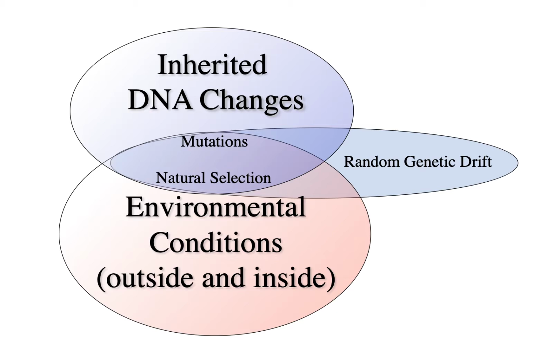So you can have rapid evolutionary changes because of these environmental condition changes, either by moving or by just having the conditions change. So then you get the convergence of these three effects, the mutations, natural selection, and random genetic drift, which are the drivers of evolution of organisms.